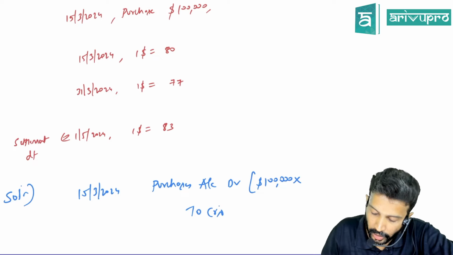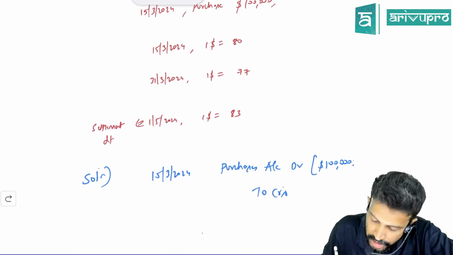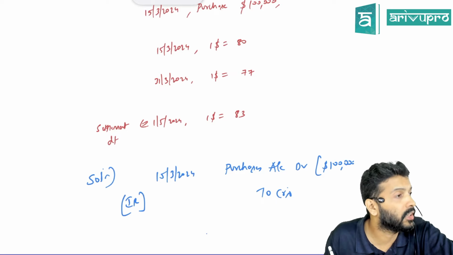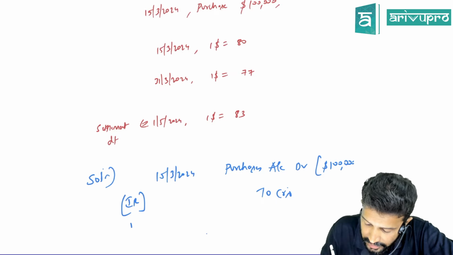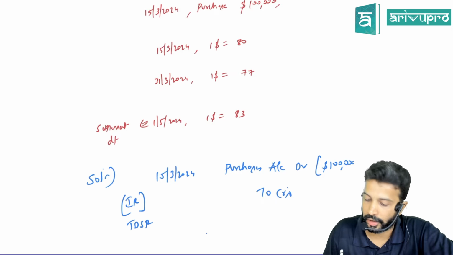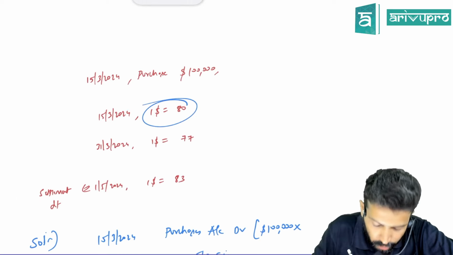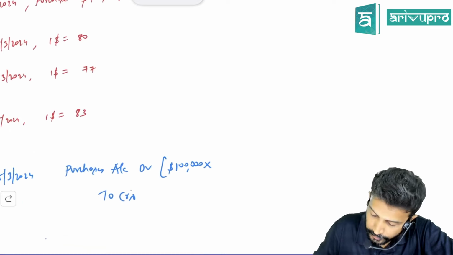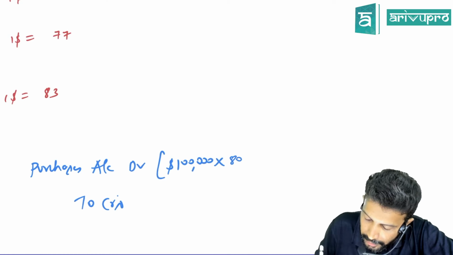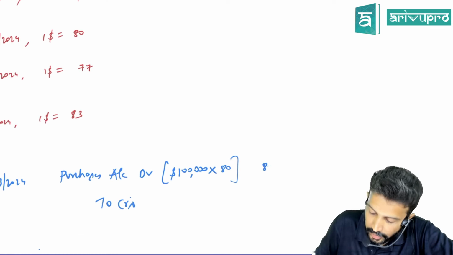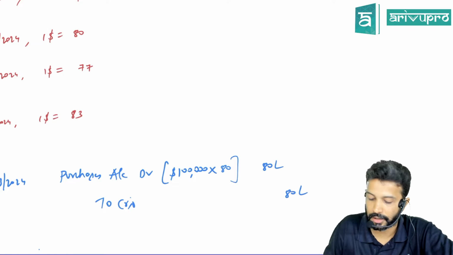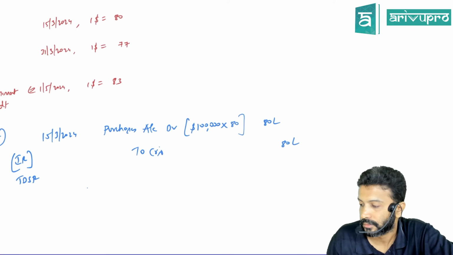This is your initial recognition, IR. Initially, all transactions are recorded at the transaction date spot rate. The transaction happened on 15th March, when $1 was equal to 80 rupees. So $1 lakh into 80 will be 80 lakh rupees.